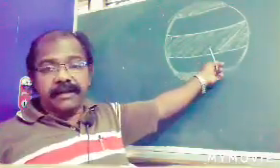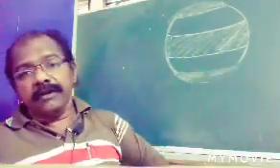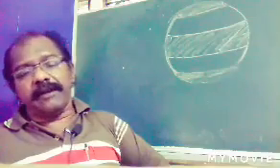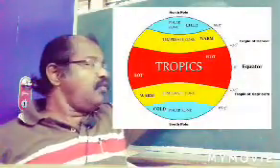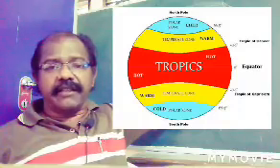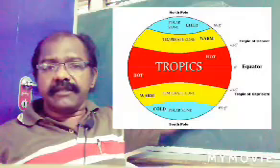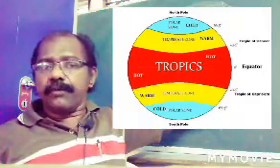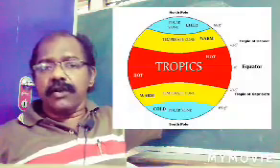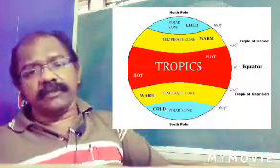And the other part moves towards the subpolar low pressure belt. Because of the descent of the cool air here, pressure is higher than this area. So this area is called the subpolar low pressure belt. So from here the wind moves towards this area also.